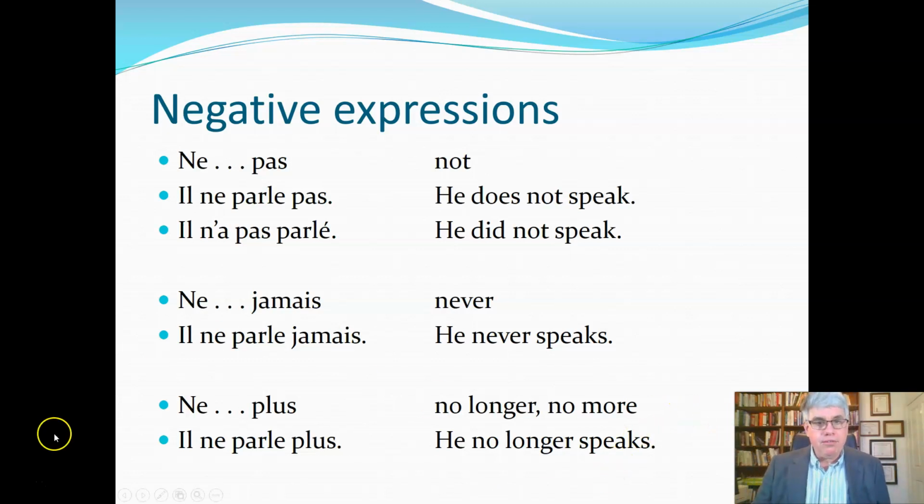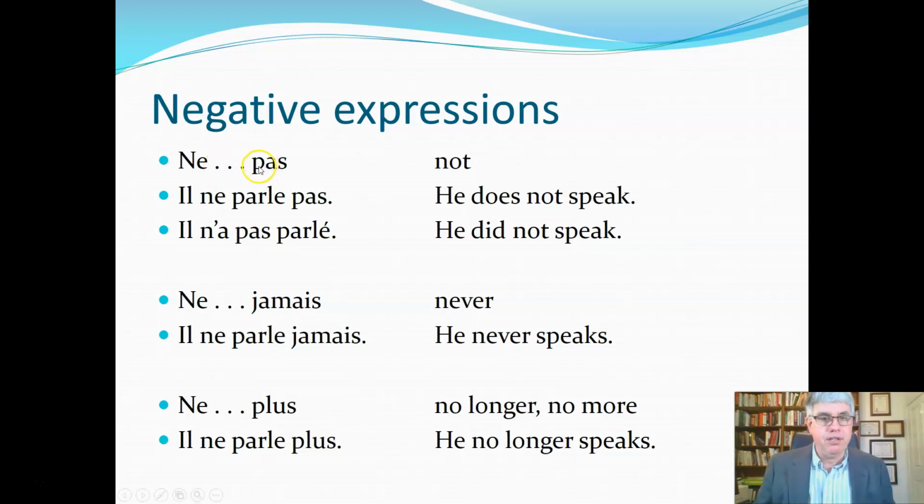Now, we've already seen the expression ne pas, and that is the bread and butter of negative expressions. At least half the negative expressions are ne pas, and that means not. Now you have to be careful because pas also means a step, as in step by step.